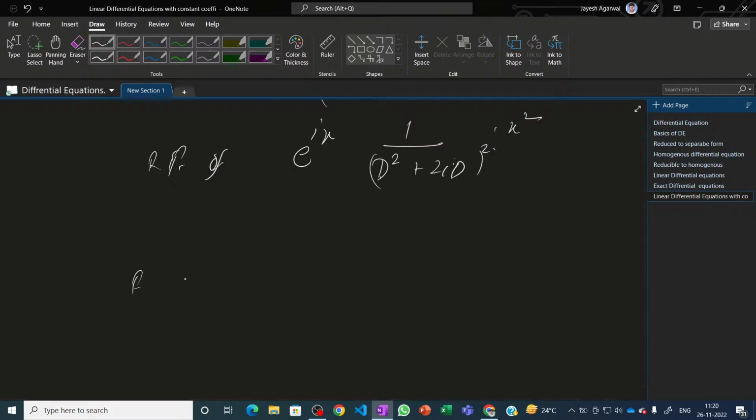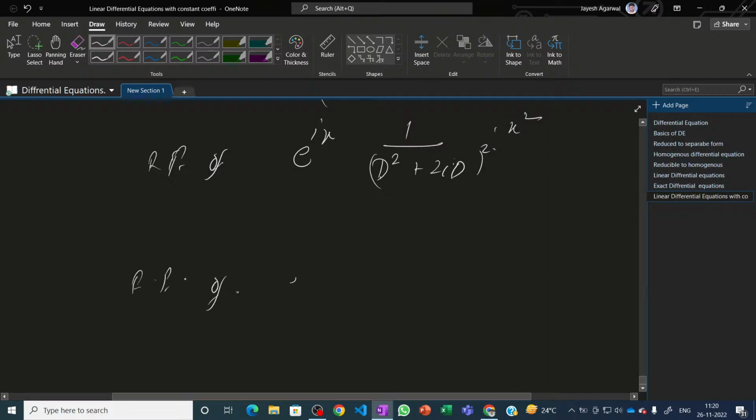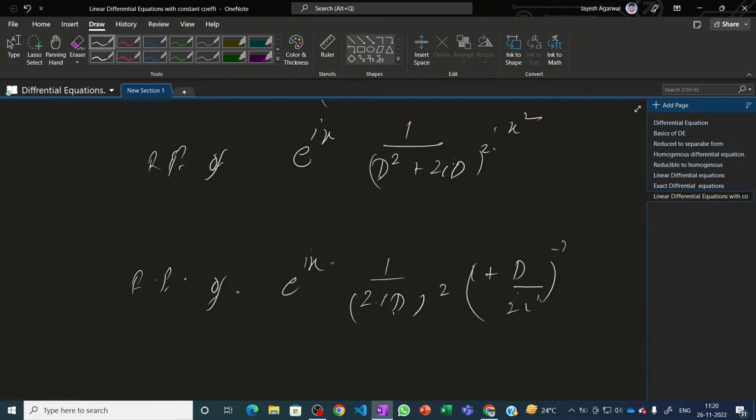Then real part of e raised to power iota x, 1 upon 2 iota D, now taking 2 iota D common, we can make the term 1 plus D upon 2 iota, power minus 2, x square.